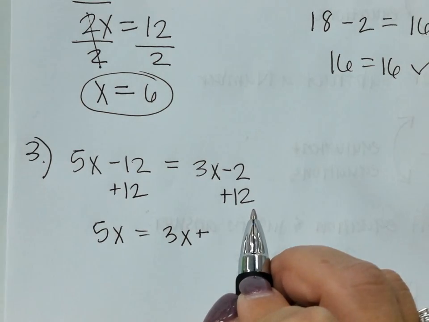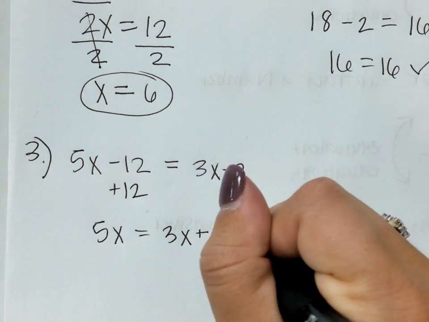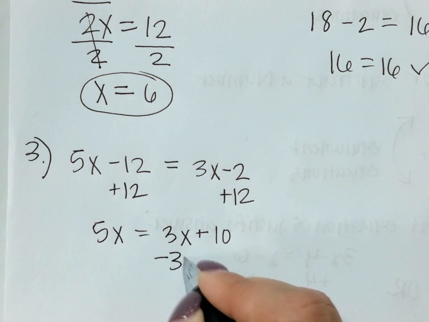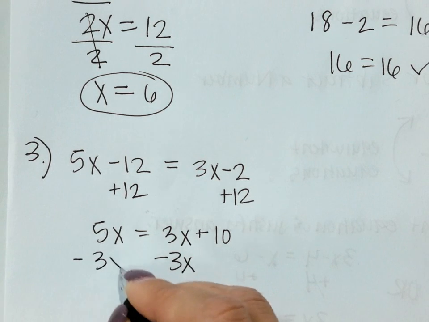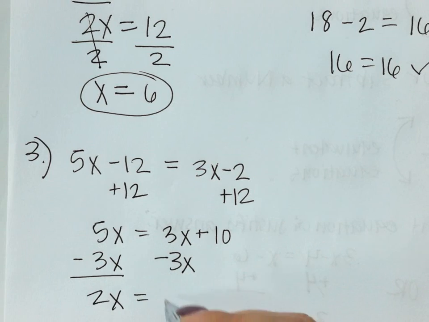Negative 2 plus 12? 10. So now I have all my constants on the right, so that means I need to get my x's, my variables, on the left. So I've got to subtract 3x from both sides. So when I do that, I get 2x equals 10.